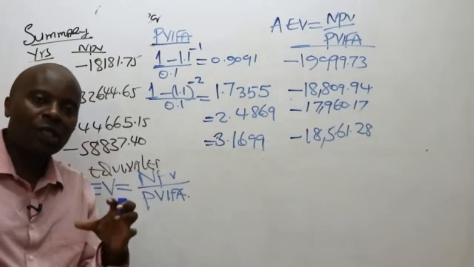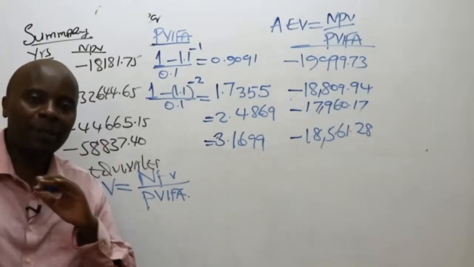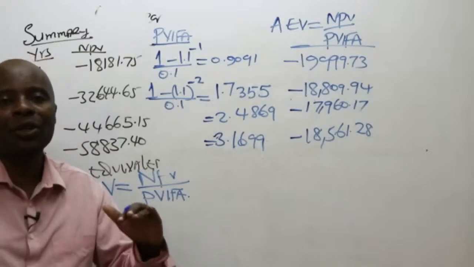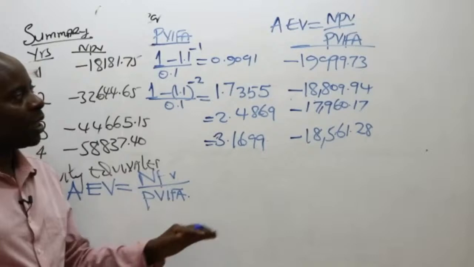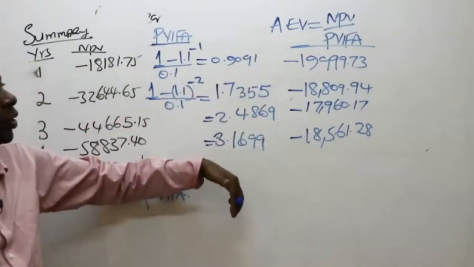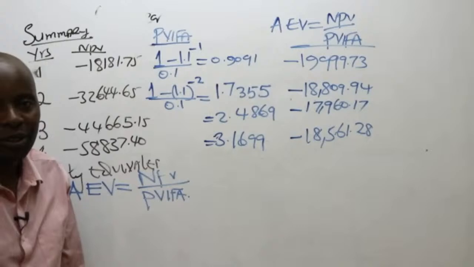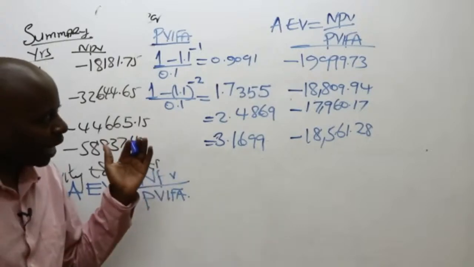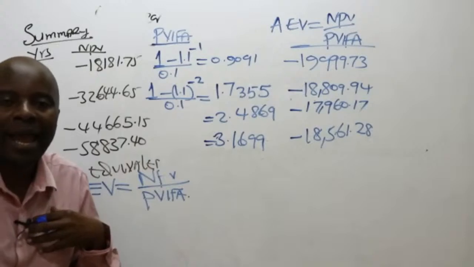Those values that you have ascertained now assume all the replacement cycles are of the same period. Now with these annuity equivalent values, the way I'm able to see them, all of them are losses. And therefore, because I have to go with one cycle, I'll go with that cycle which will minimize my loss.